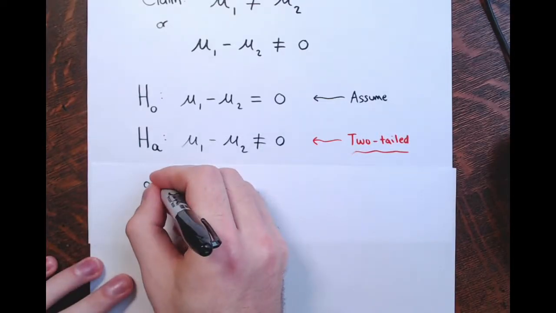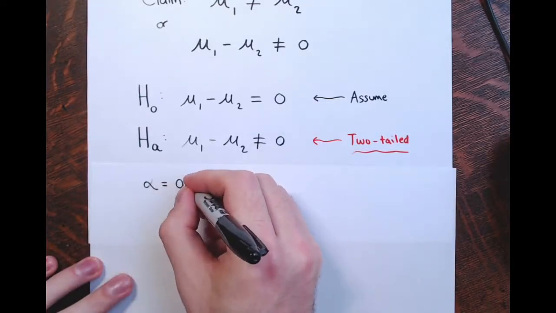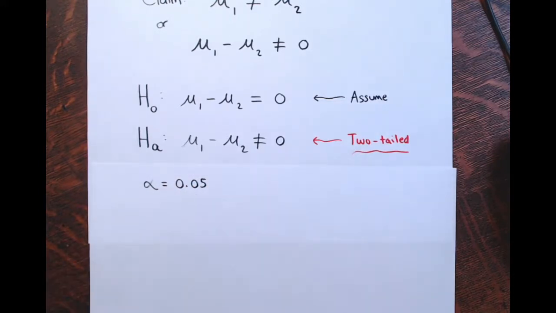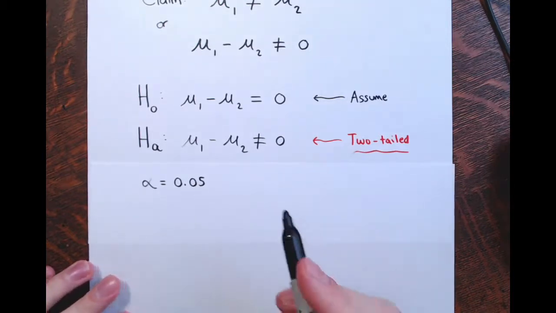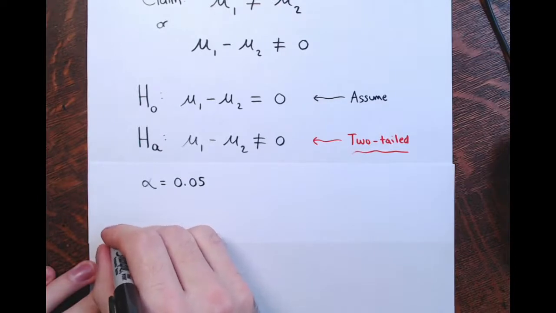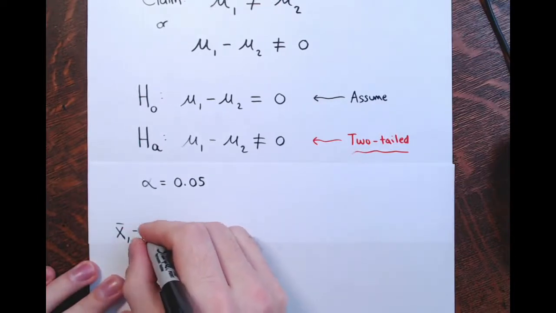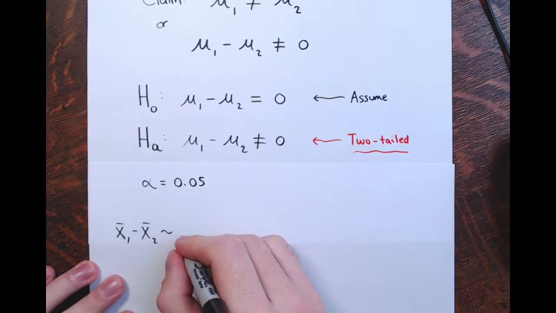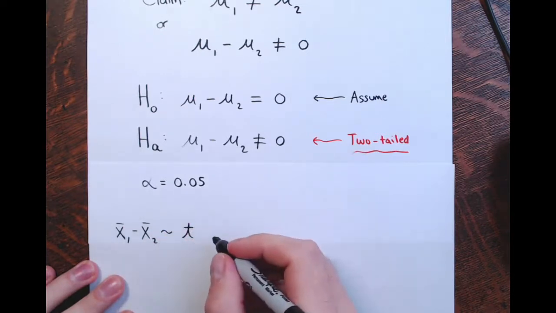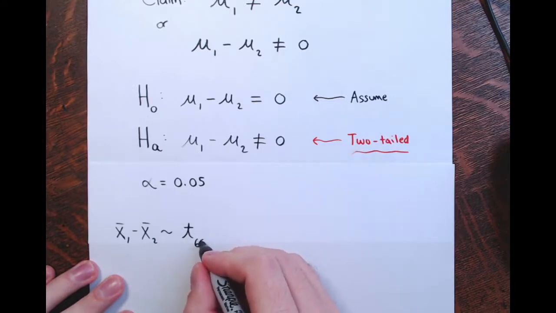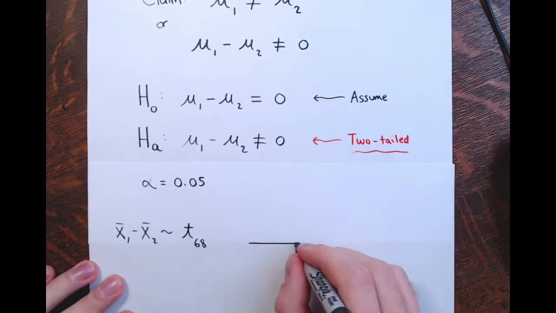The significance level he's using is 5%. Remember, this significance level is the area of the rejection regions put together, if there's two of them. And the distribution of our difference in sample means, x1 bar minus x2 bar, it looks like he's doing a pooled scenario here. So it's a t-distribution with 68 degrees of freedom.